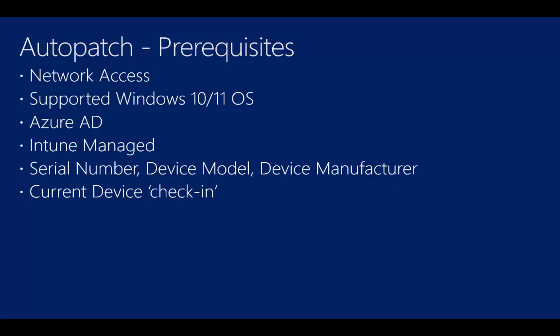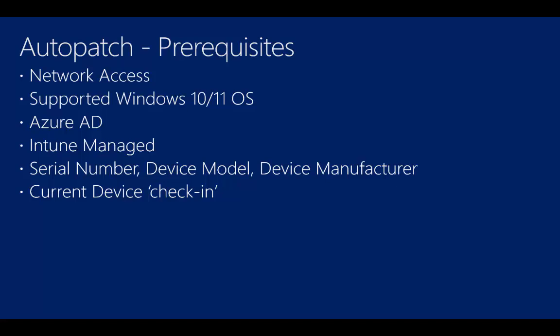Azure AD, Intra ID. Either the device needs to be hybrid joined or Azure AD joined. This means no workplace joined devices, right? Intune managed, and that does include co-management if that's the situation you find yourself in.